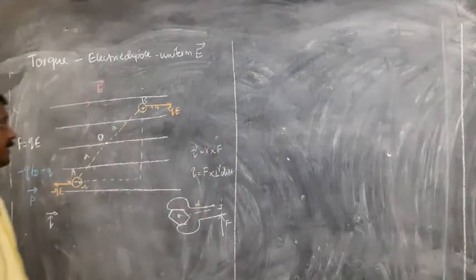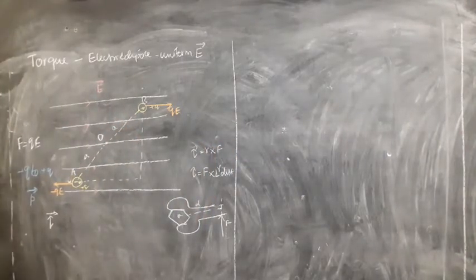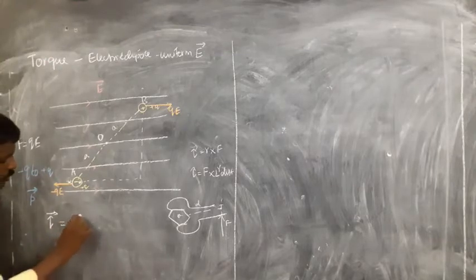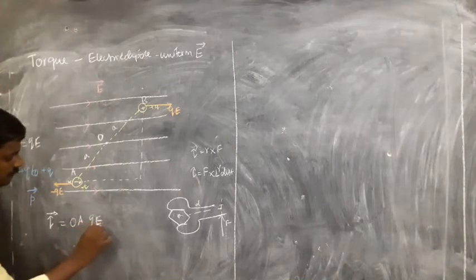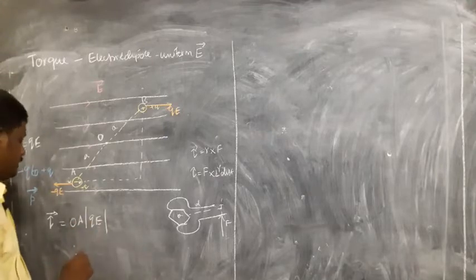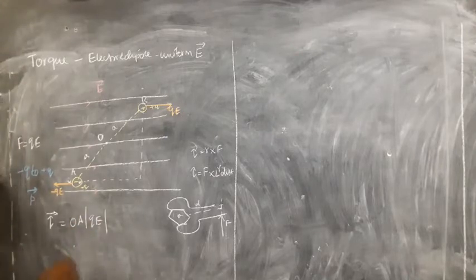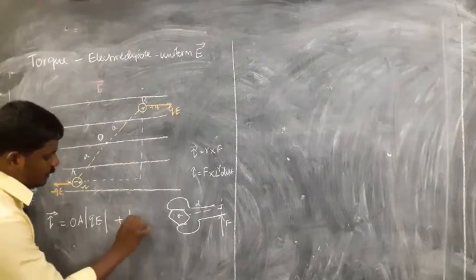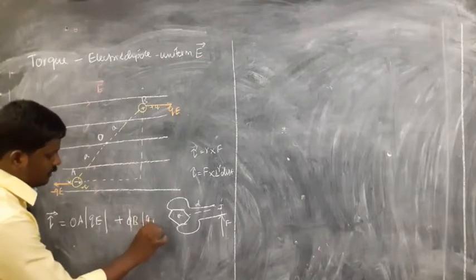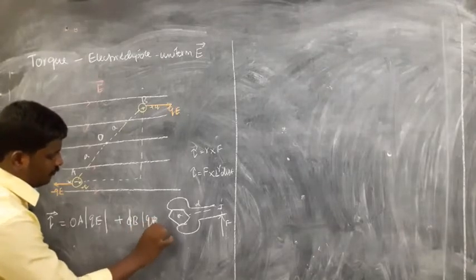Here r is the position vector. For the force acting here, what is the position vector? OA is the position vector. So OA cross the force minus qE, then OB cross plus qE.